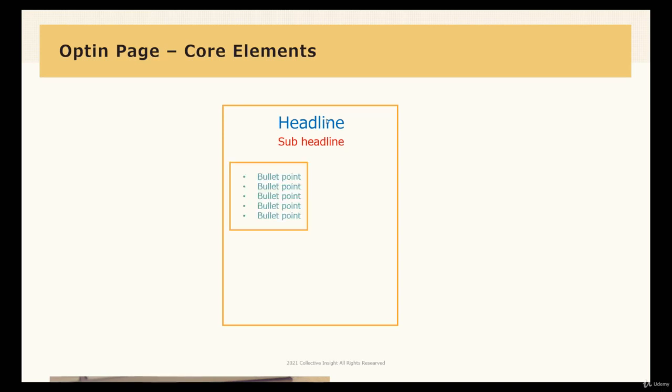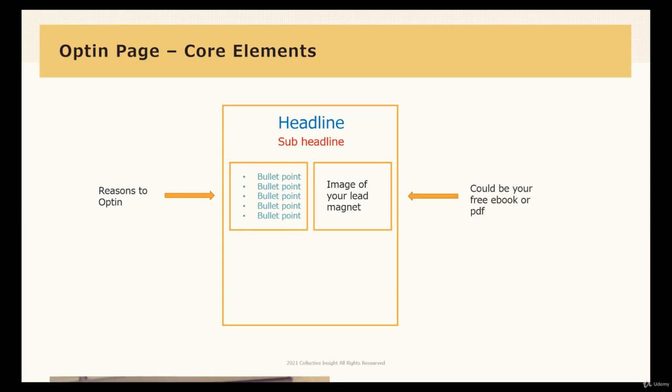And you can have a list of bullet points. These are the reasons to opt in, for more logical people wanting to know more about your offer. And of course, we have an image of the lead magnet to grab their attention.